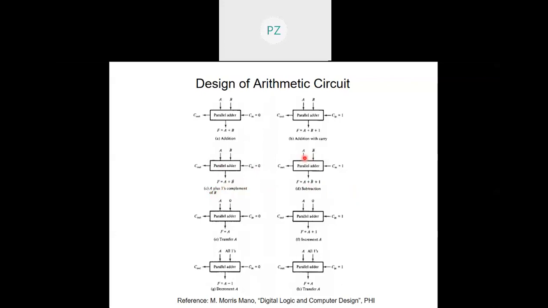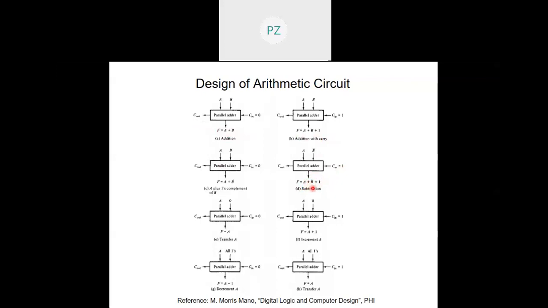This D accordingly will be A plus B bar plus 1, because Cin is 1 now, just as over here it was A plus B plus 1. So A plus B bar plus 1, what is it?